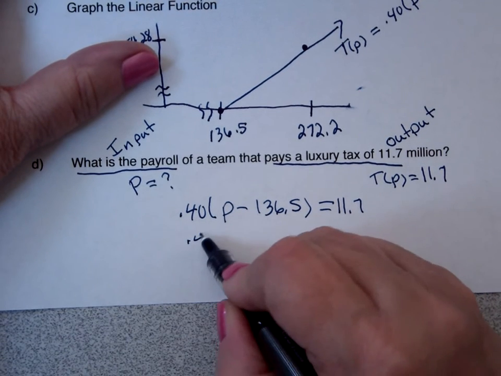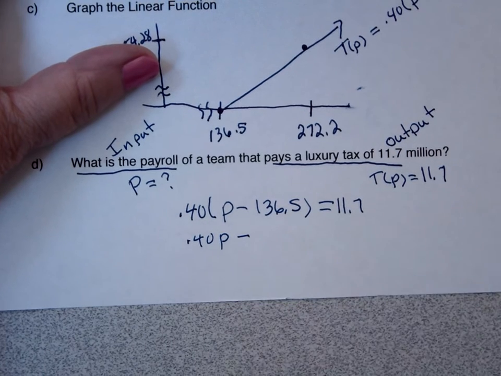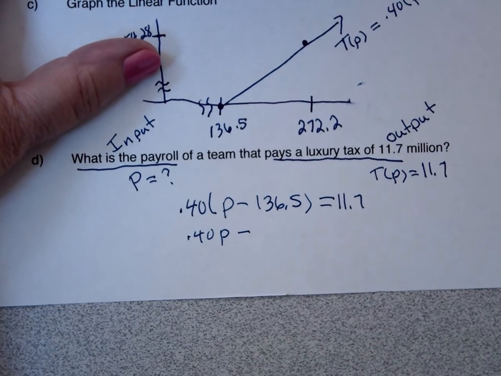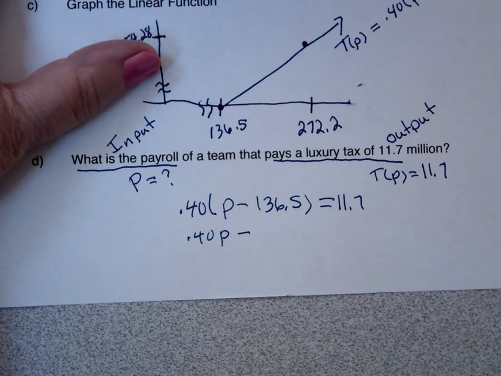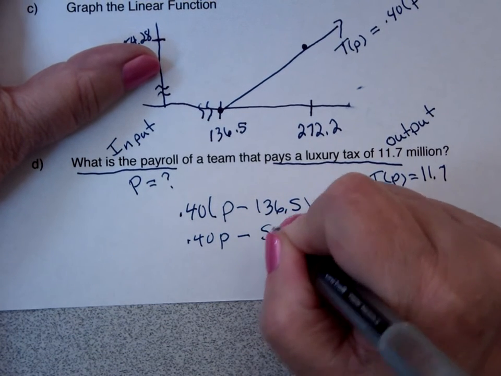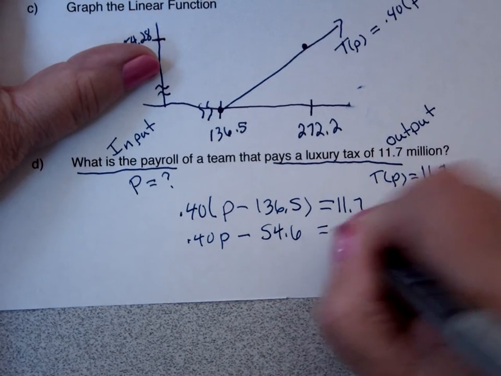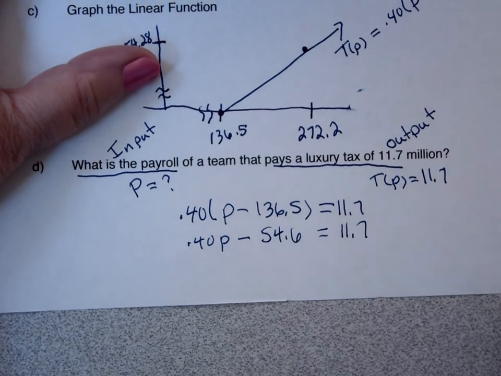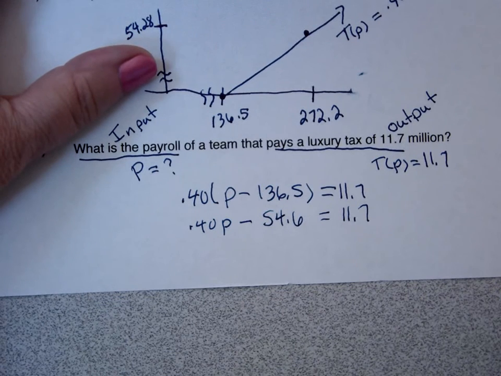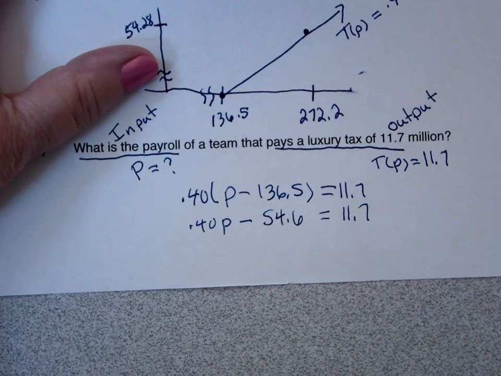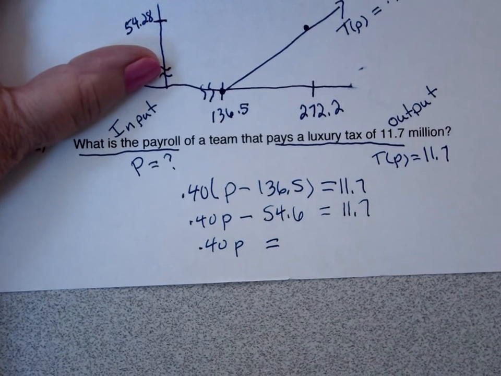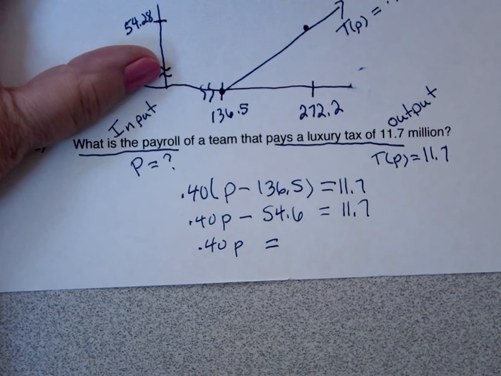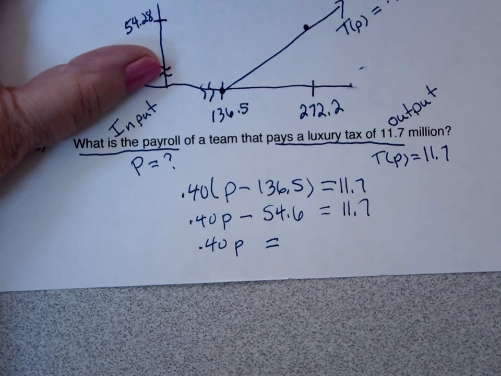Or 0.40P minus, and now I need my calculator, 0.40 times 136.5, and that is 54.6, equals 11.7. Or 0.40P equals, add 54.6 to both sides, so plus 11.7 is 66.3.